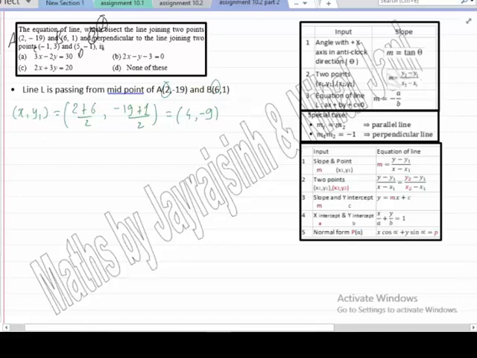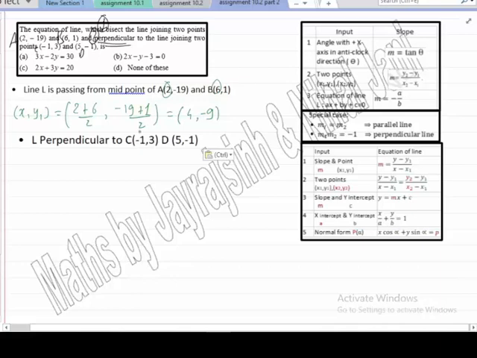Now let's move to the second condition. It is given that the line is perpendicular to CD. The word perpendicular suggests that we should find the slope. So let's get the slope of CD. Here we have the coordinates of C and D, so let's use the second formula of the slope.